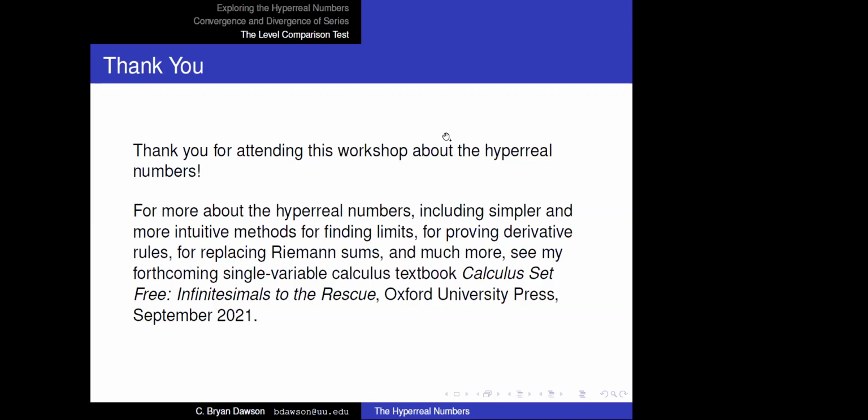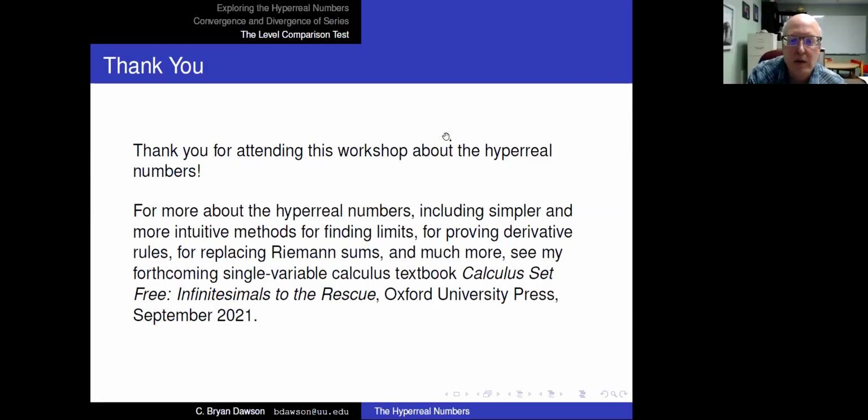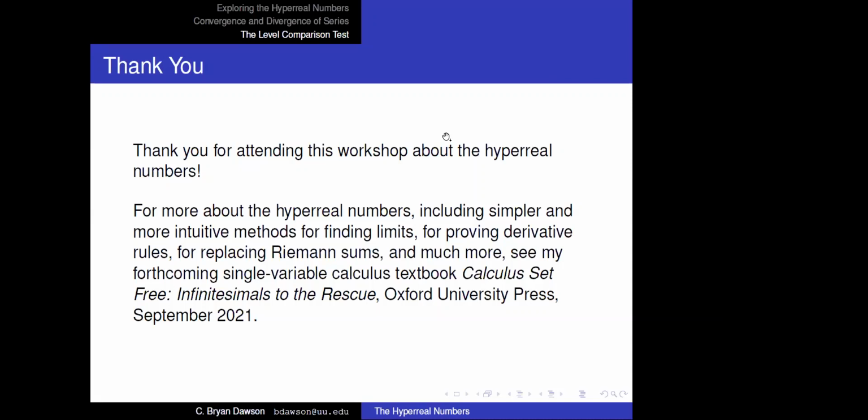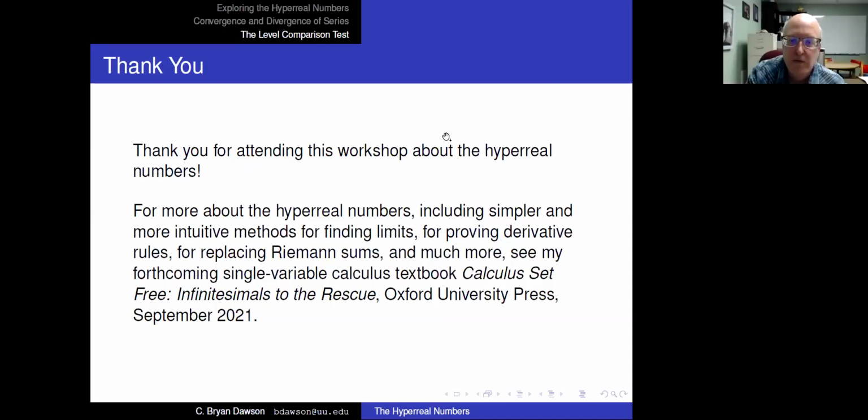I had a question in the chat. Okay, so is there a critical value or series at the separation between divergence and convergence zones? Very good question. I don't really think there is. I don't know absolutely for sure on that, but there's infinitely many levels in between each of these levels in our collection of levels of hyperreal numbers.